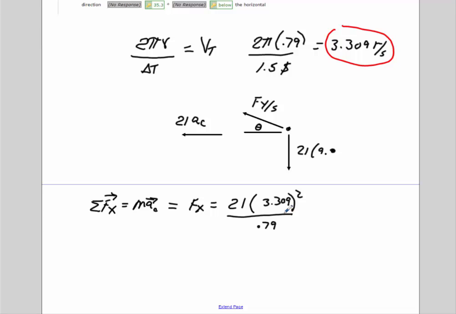So we'll run that number real quick. 21 times that is going to give us a force in the x direction of 291.09 newtons. So where we're sitting right now is we have a force here.